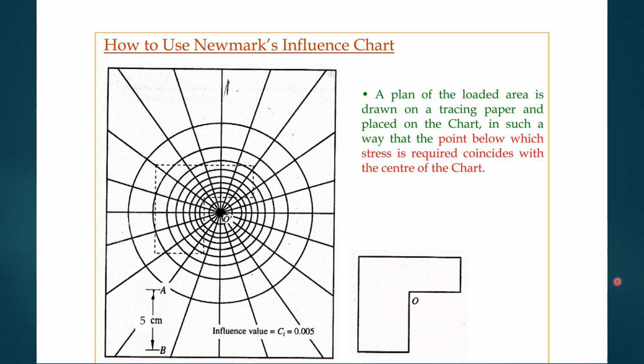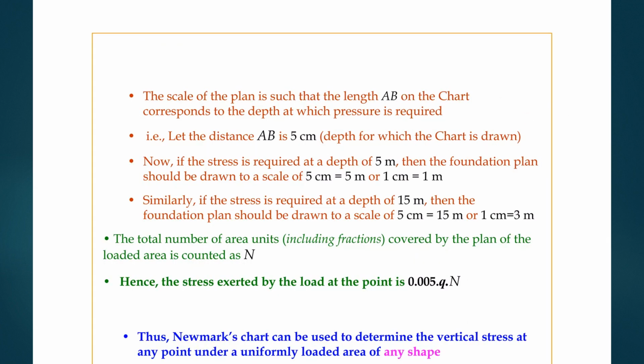So first we have to draw the plan of the loaded area, and we have to place it on the chart so that the point where stress is required coincides with the center of the chart. The scale of the plan is such that the length AB on the chart corresponds to the depth at which pressure is required. That is, let the distance AB be 5 cm.